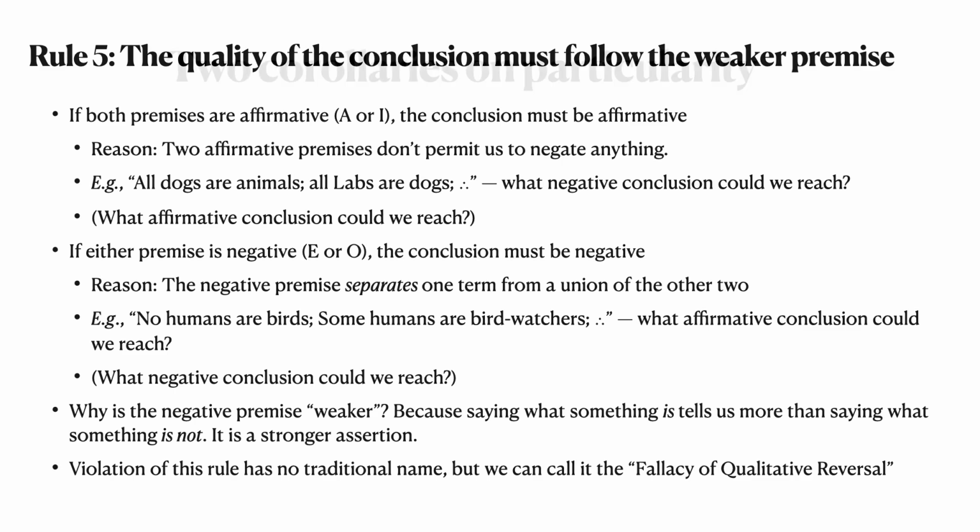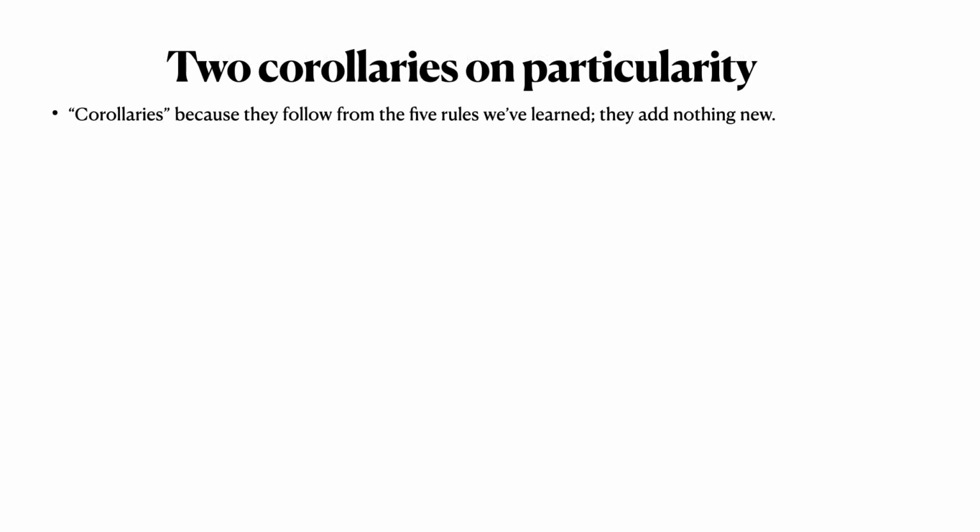All right. So what about these corollaries? These corollaries deal with situations in which the syllogism contains a particular premise. I want to emphasize they don't add anything new. That is, of the 256 possible forms of syllogism out there, you get all the same results without these corollaries as you get with the corollaries.